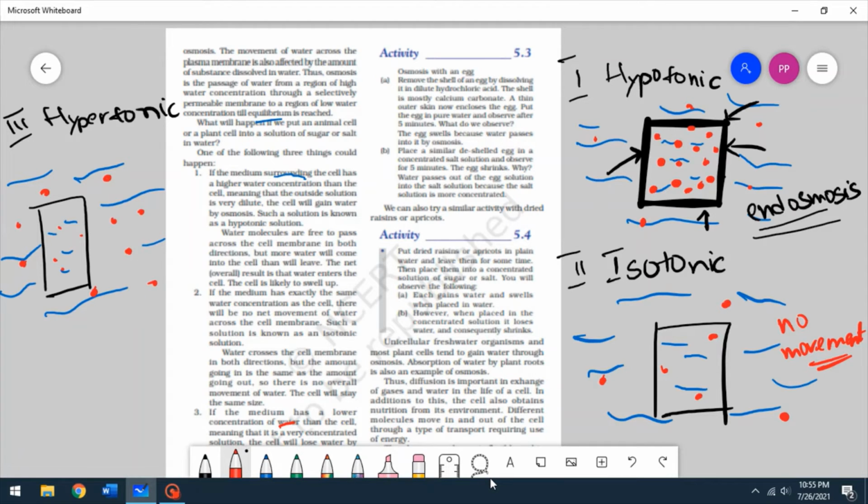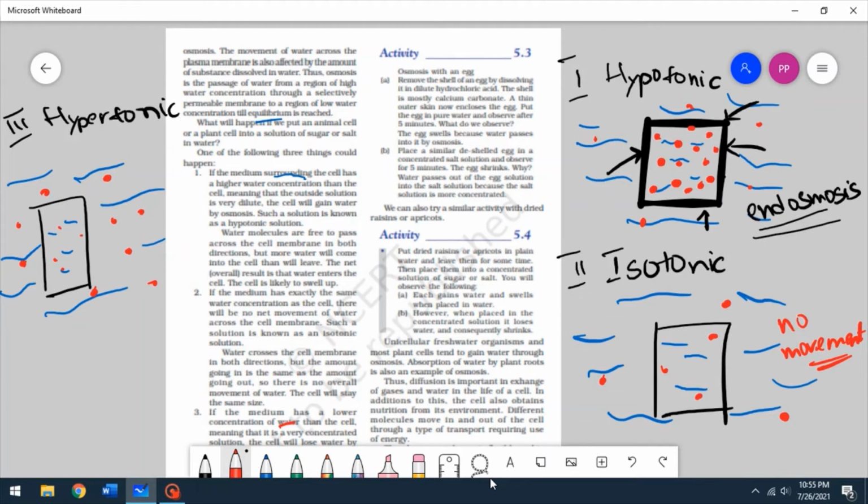So hypertonic solution is a solution in which there is a higher concentration of solute outside the cell than inside the cell, or there is a higher concentration of solvent inside the cell than outside the cell.